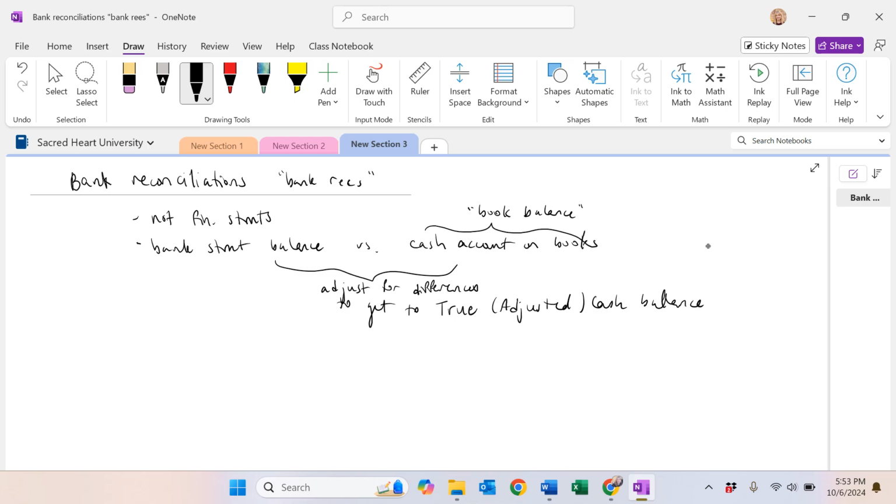Most of our differences are going to be timing differences, but the benefit of doing a bank reconciliation is it helps identify any errors that could have been made either by the company or the accountant who's recording in the books or by the bank. And it helps identify any missing or unusual items.